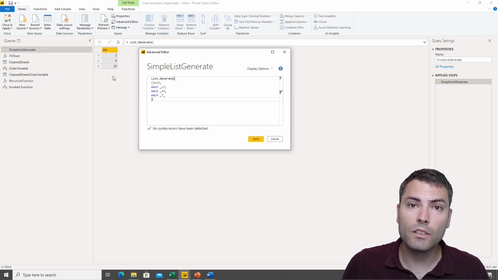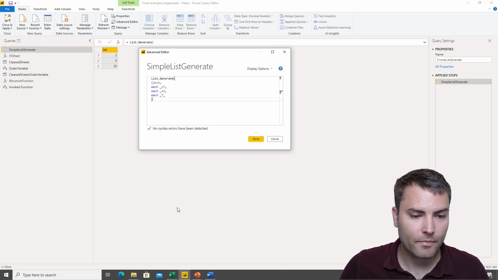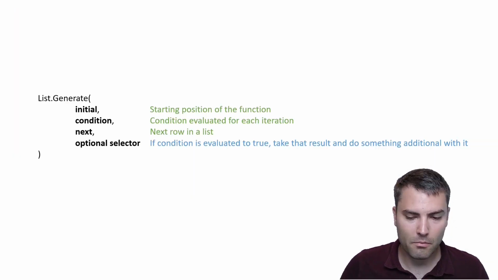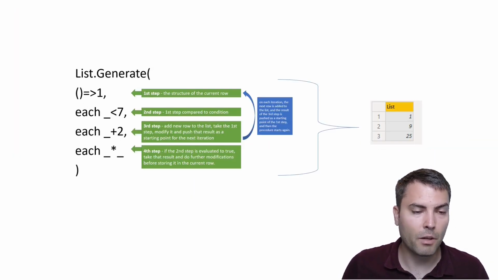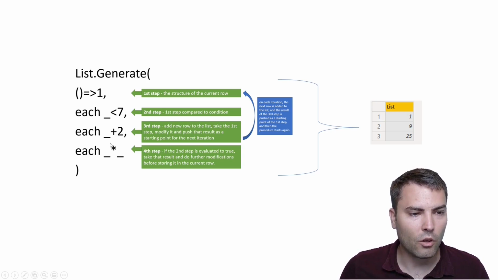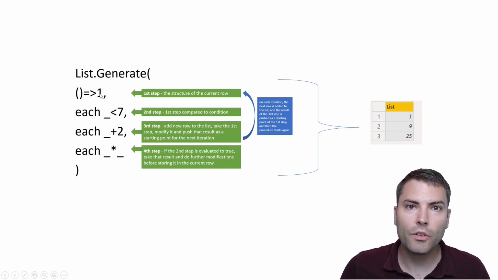Now let's observe the function arguments. Let's go back to PowerPoint. These are all arguments of List.Generate. The first argument is the initial state before the function starts iterating and creating a list.